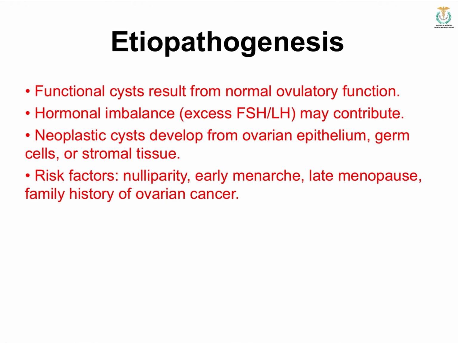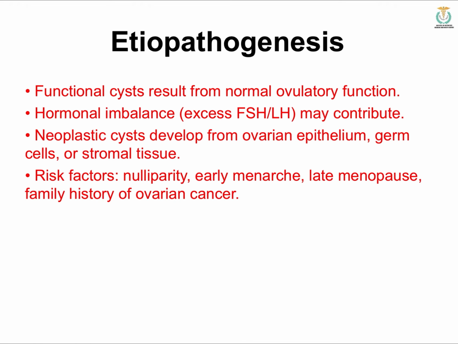Next is the neoplastic cyst, which develops from the ovarian epithelium, germ cells, or stromal tissue. The risk factors are nulliparity, early menarche, late menopause, and family history of ovarian cancer.